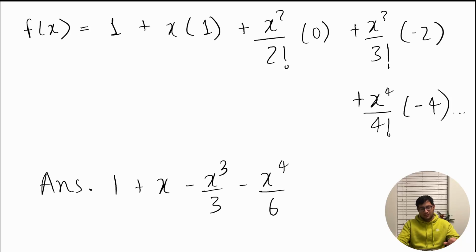So especially with Maclaurin series expansions, or if you're substituting it in, make sure you really do your working out. Try to do as little as you can in your head. That just means that it's harder for you to mess up. But the answer for this question turns out to be 1 plus x minus x cubed over 3 minus x to the 4 over 6.